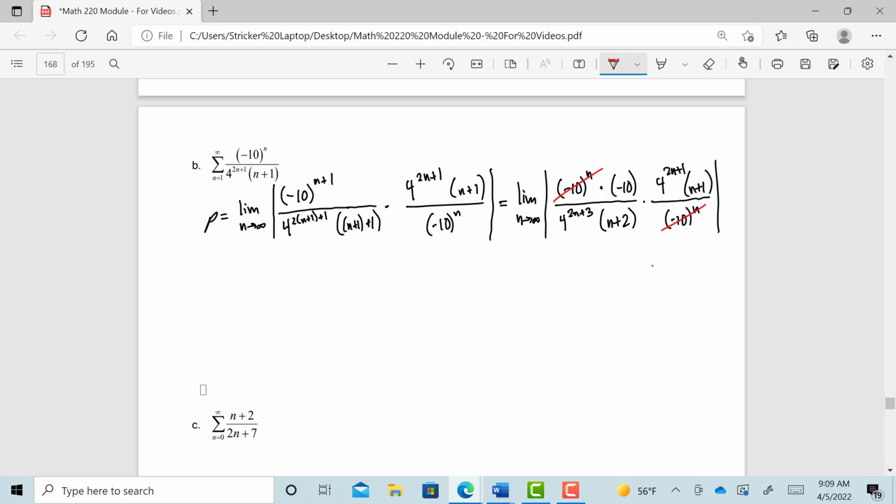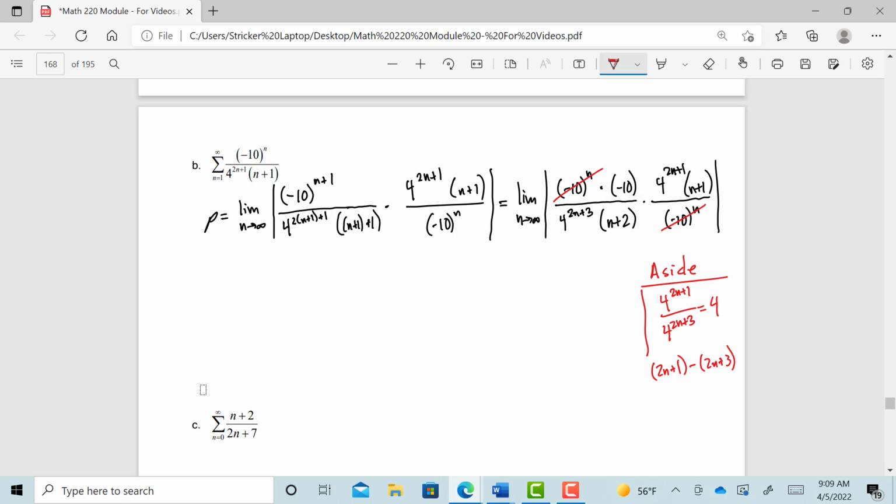Now, what do we get when we divide 4 to the 2n plus 1 over 4 to the 2n plus 3? Well, remember, we're going to subtract the powers. So when you subtract the powers, you're going to end up with 2n plus 1 minus 2n plus 3.